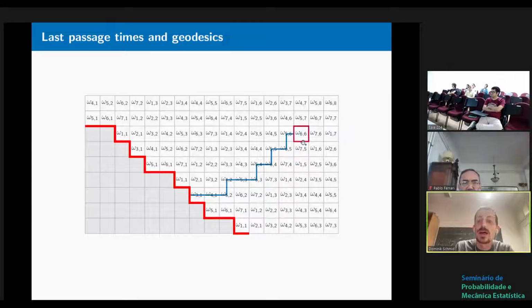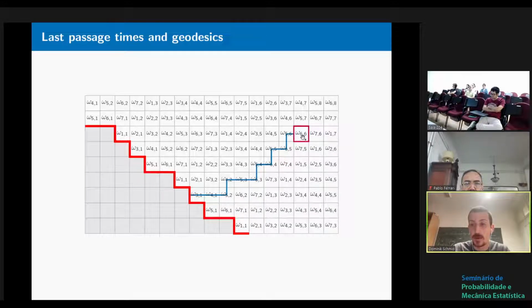And what I want to look at is the lattice path which maximizes the weight it collects until it reaches this cell omega 6, 6 in this case. So I look at the set of all the lattice paths starting somewhere here on this red curve, and look at the sum of all the exponential random variables which I can collect along the path. And I take the path which maximizes this weight. And such a path will be called the geodesic, and its corresponding weight will be called the last passage time to this cell.